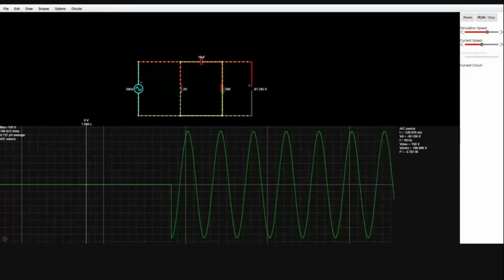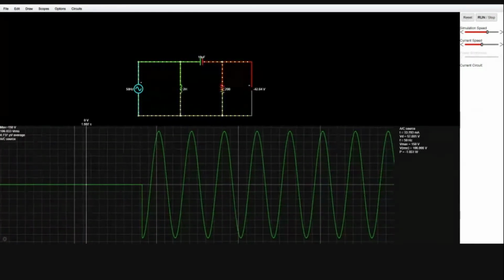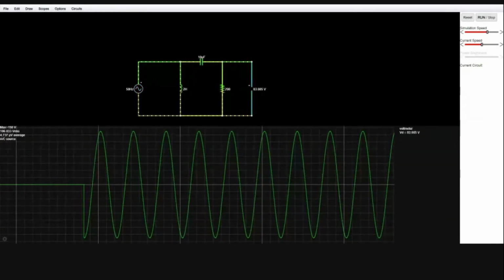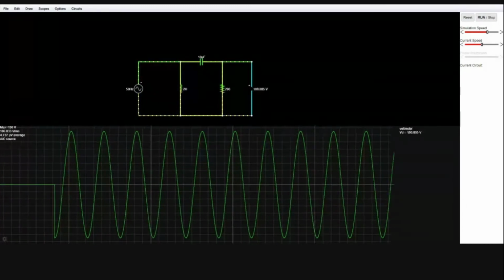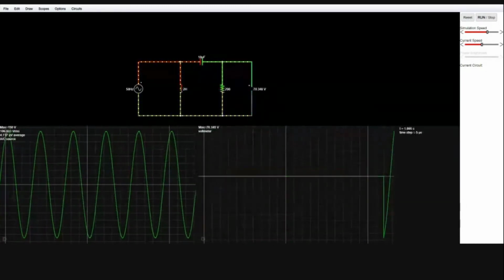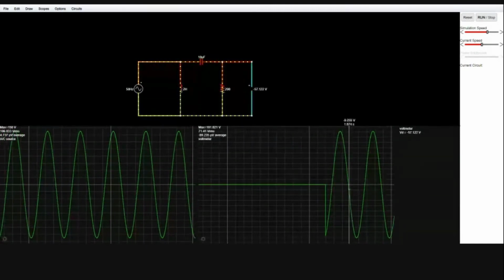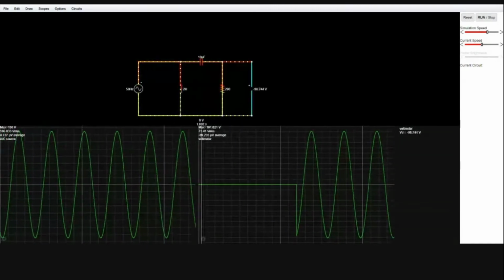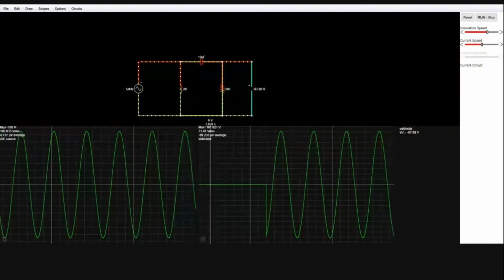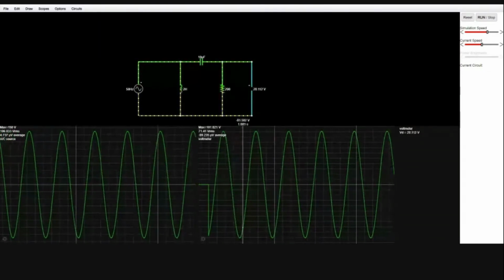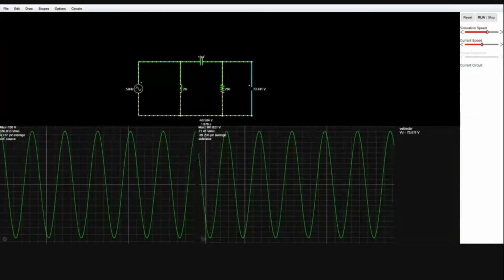Okay, this should be the same as 150 divided by root 2. Now this is the input. VTH is what I'm measuring here. I have added a voltmeter probe. Now when I view the waveform, I'm not getting one single value, but I should note down the RMS value of this waveform, right? 71.41. So your mod VTH should match this value.